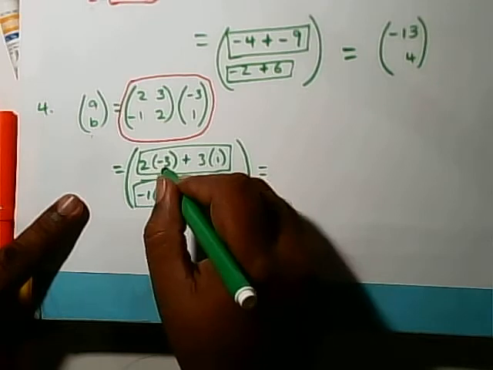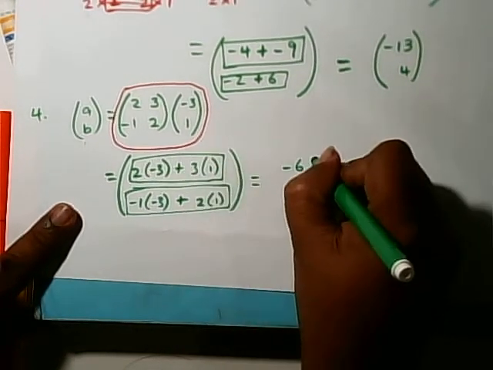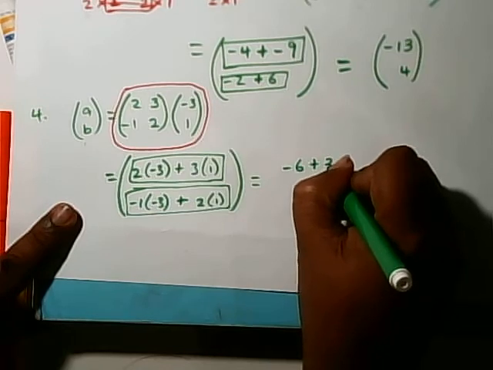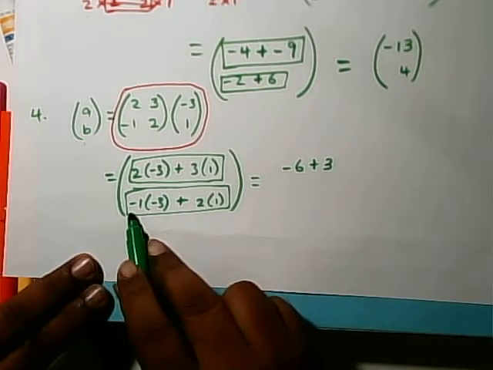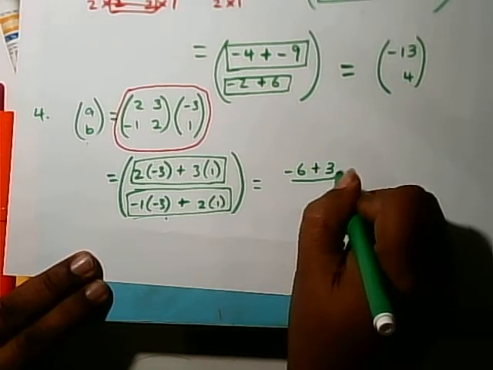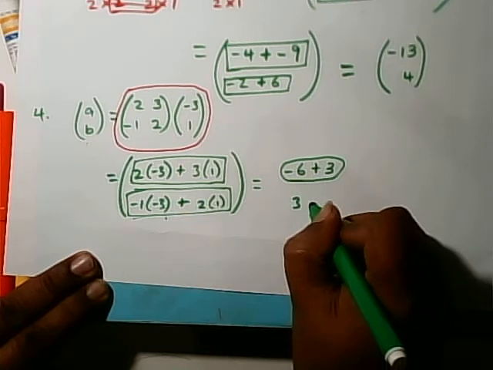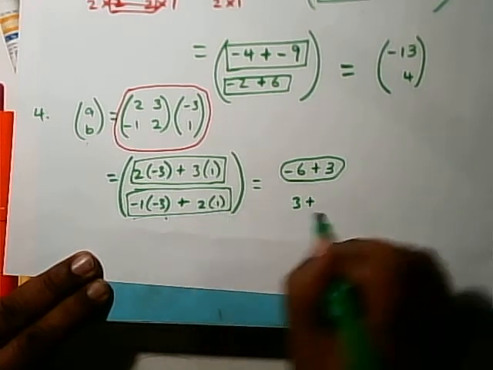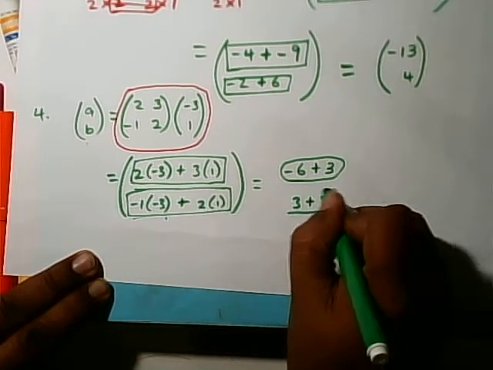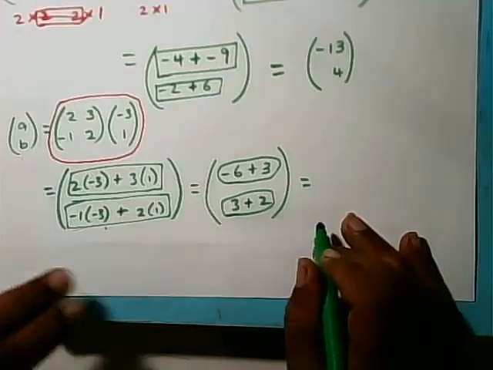We have 2 times minus 3 is minus 6 plus a 3. And we have minus 1 by minus 3, which is a 3, added to 2 times 1 is 2. What do we get?